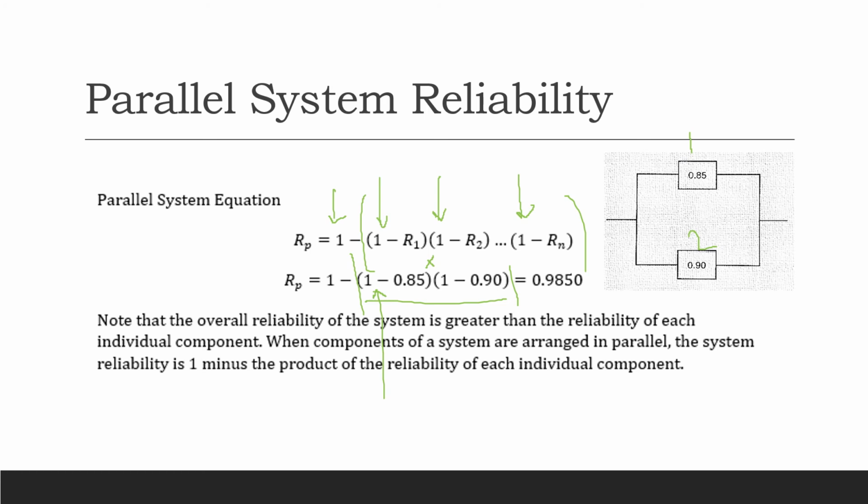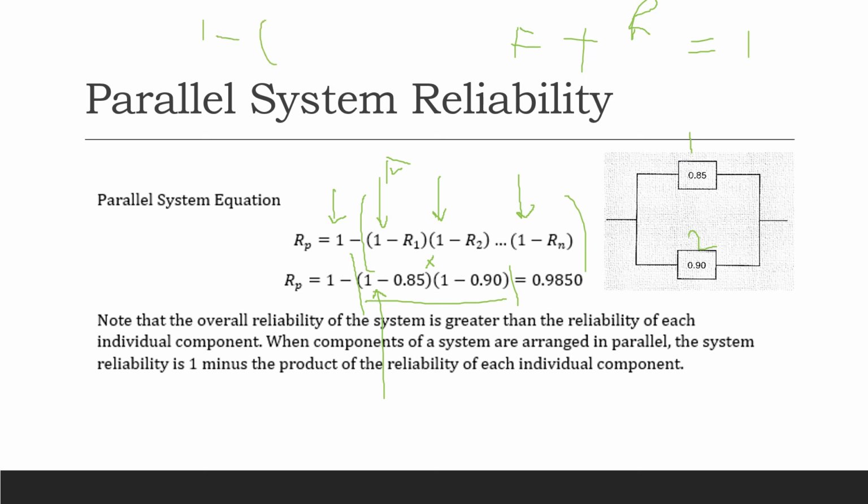What they cannot understand is they're looking at 1 minus R1. It's actually failure, because failure and reliability, if you add them together, you get 1. The reliability of component 1 is 0.85, so 1 minus 0.85 gives you failure. You multiply the failure of each component.